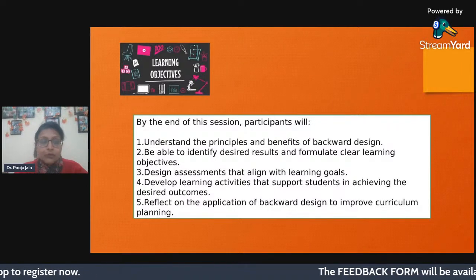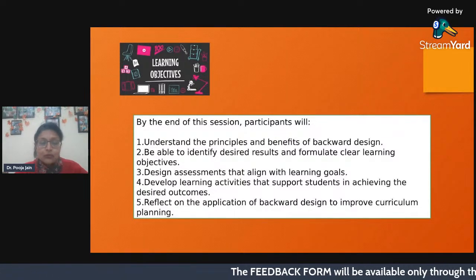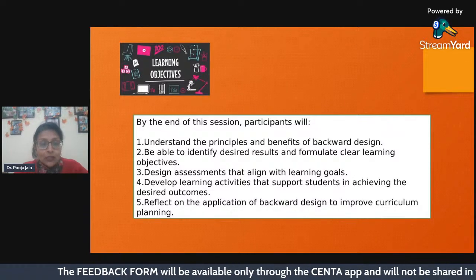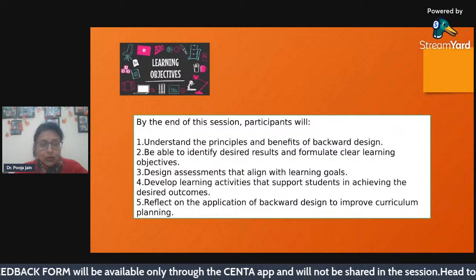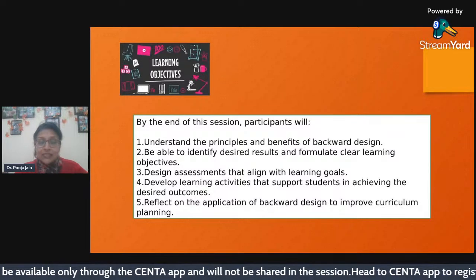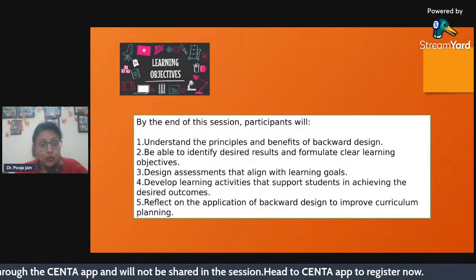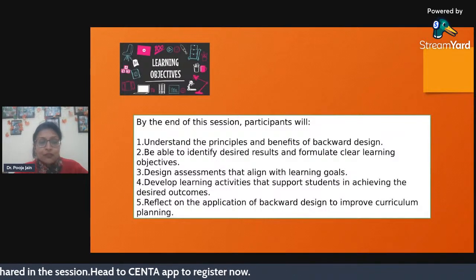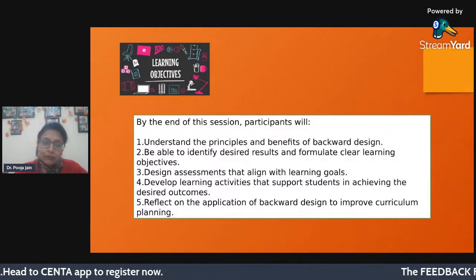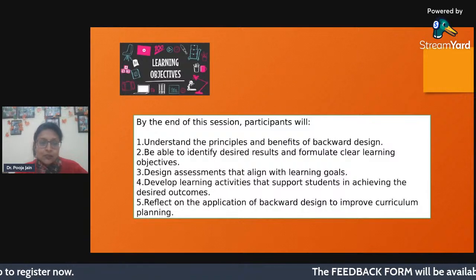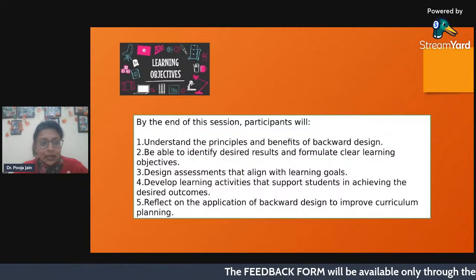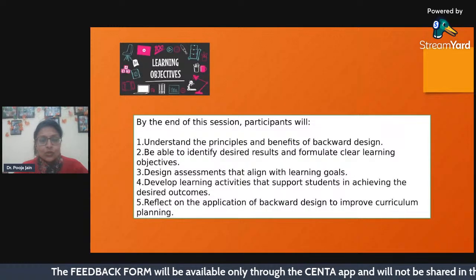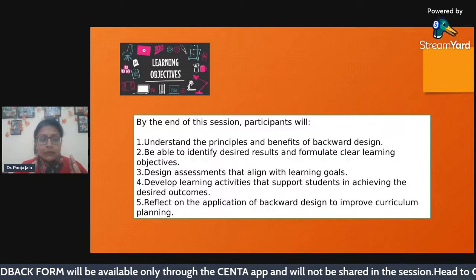We will also understand how to design learning strategies and activities that support students in achieving what you want them to achieve and in taking students where they should be. And then we will reflect on the application of backward design so that curriculum planning becomes better, easier, and smoother.